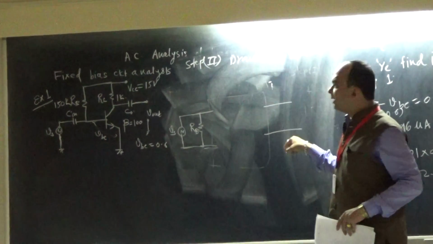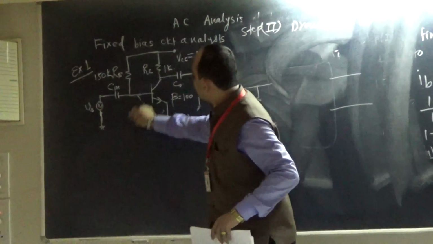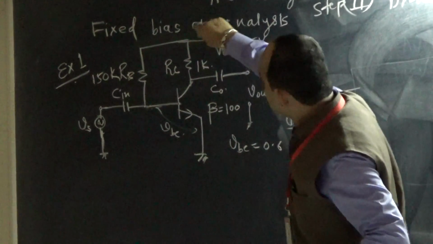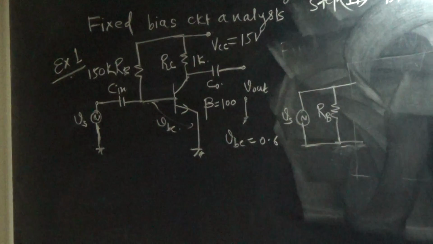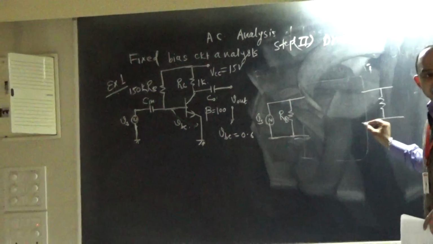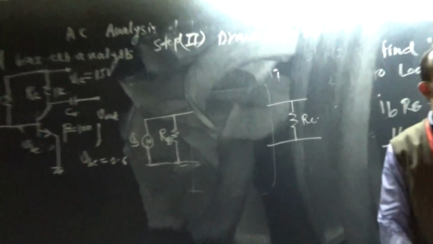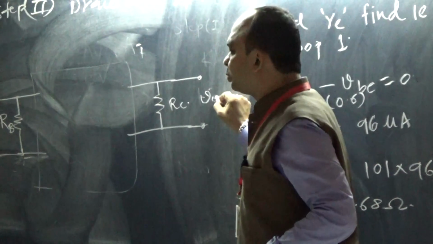what will come over here? If I take this wire over here, because this is on this side, collector is on this side, this terminal I am grounding, so this will come at the output side. What will be this? RC. Very good. What will be this? V out.